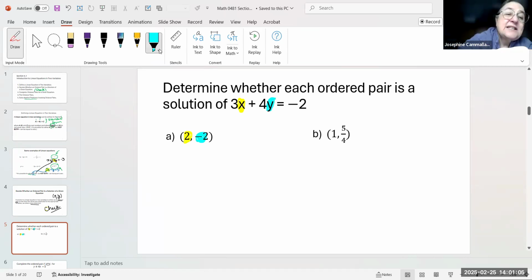So that means, how do I determine it's a solution? Well, some people like to do this in their head, which is fine, but I like to write it out.